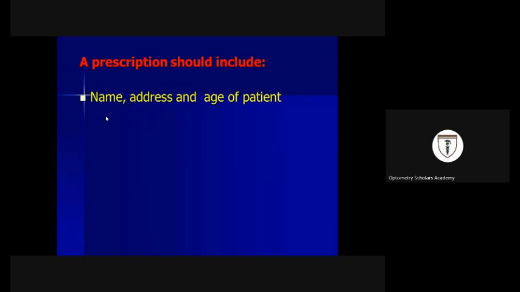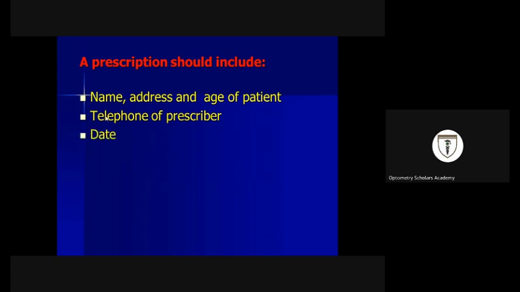So a prescription should include the name, address, and age of the patient. It should include the telephone number of the patient, and also the number of the prescriber. So you, the doctor, should include your number so that if the patient wants to call to ask questions based on confusion, the patient can reach out. You understand?